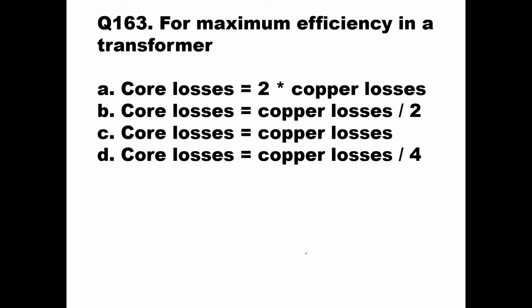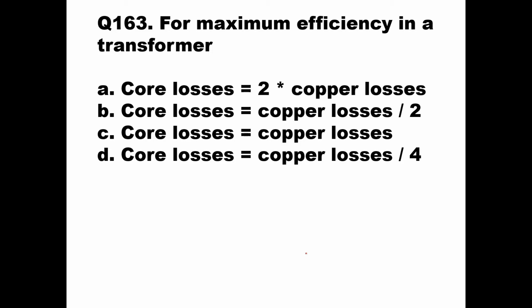For maximum efficiency in a transformer, which of the following statements should hold? Core losses equal to 2 into copper losses, or core losses equal to copper losses upon 2, or core losses equal to copper losses, or core losses equal to copper losses upon 4.